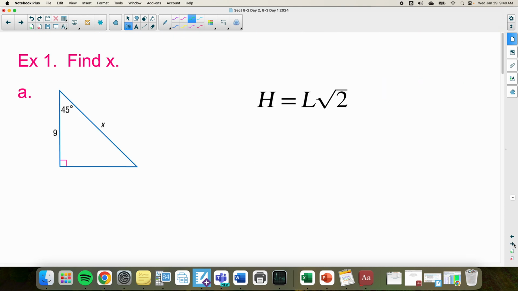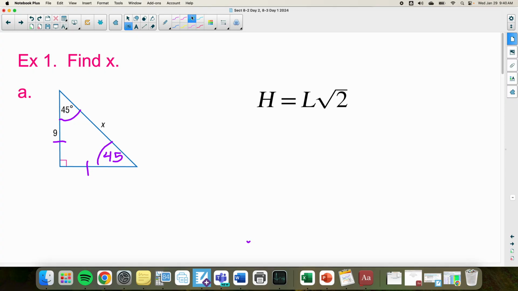So let's go to this page right here, okay? Now, first thing I would always do, if that's 45, this is 45, we know our angles are equal. You don't have to mark all of this, but if this is 45, then those 2 sides are equal, okay?